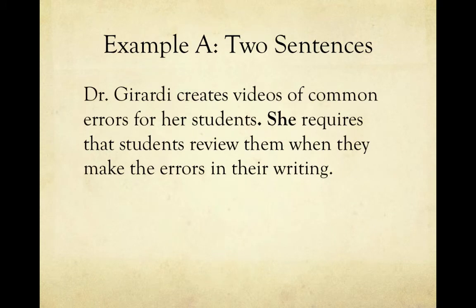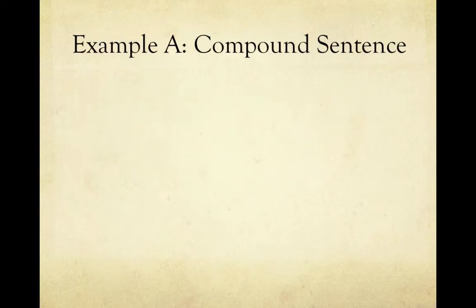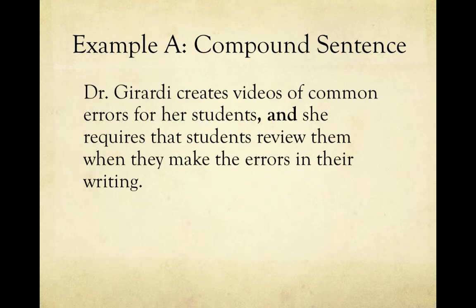Here's an example. What you see here is two different sentences. Dr. Girardi creates videos of common errors for her students, period. She requires that students review them when they make the errors in their writing. You might recall that you can join two sentences to create a compound sentence. To do this, you can place a comma and a coordinating conjunction between the two sentences.